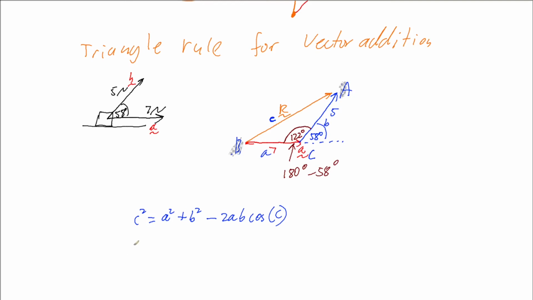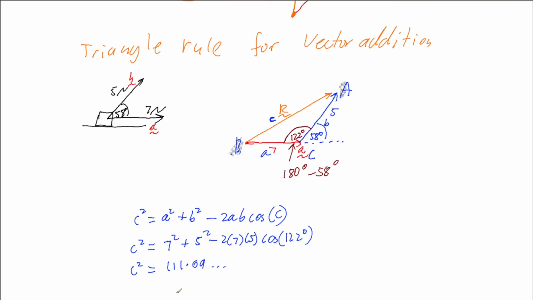So that means I've got C squared equals A squared, which is 7 squared, plus B squared, which is 5 squared, minus 2 times 7 times 5 cos our angle C, which is 122 degrees. And so if we put that into our calculator, we get C squared equals 111.09.